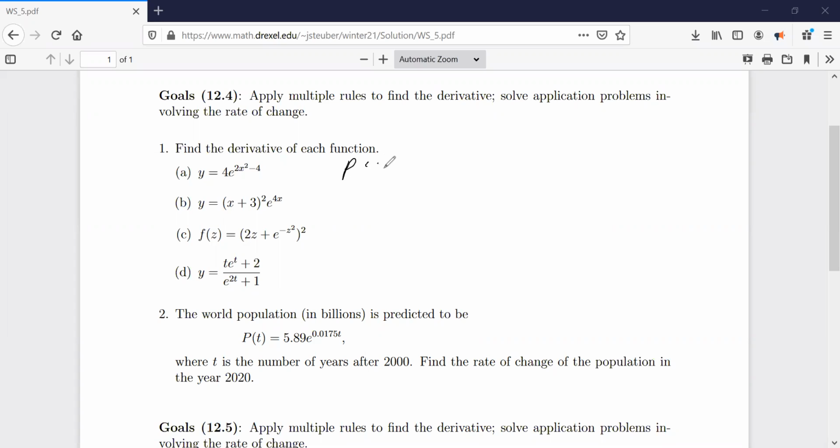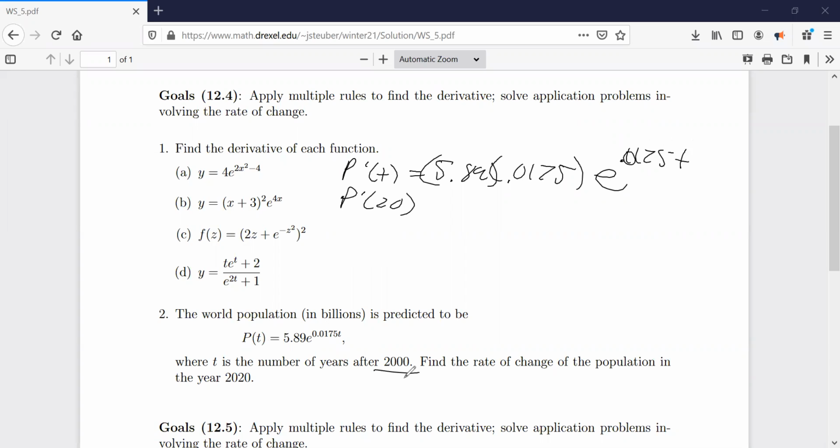So P prime of t is going to be equal to 5.89 times 0.0175 times e to the 0.0175 t. And then we're just going to plug in 20, because years after 2000, so 2020 is going to be the value of 20.